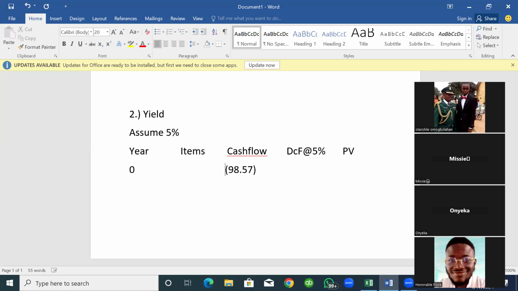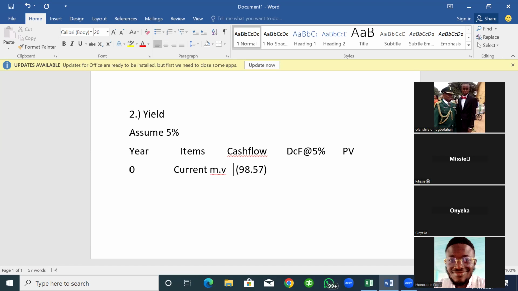So our item is the initial outlay. Let me write initial outlay. Let me just write current market value. Let me bring this back here.